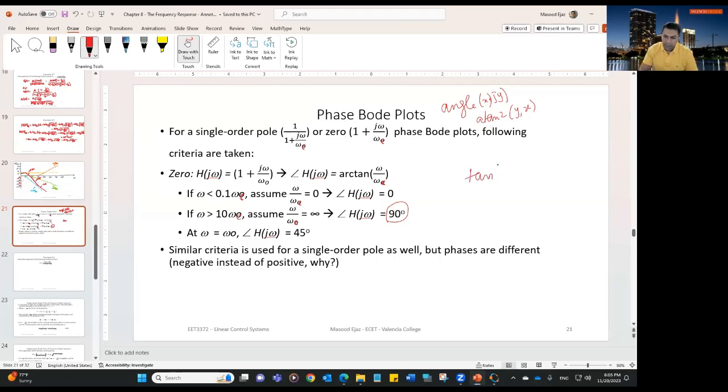But what is tangent? Tangent of x is sine of x over cosine of x. So your phase x, as you are going towards 90 degrees, sine of 90 is 1 and cosine of 90 is 0. So basically, this is approaching 1 as you are heading towards 90 degrees, and this is approaching 0. And that's why as you approach 90 degrees, the number starts getting bigger and bigger and bigger.